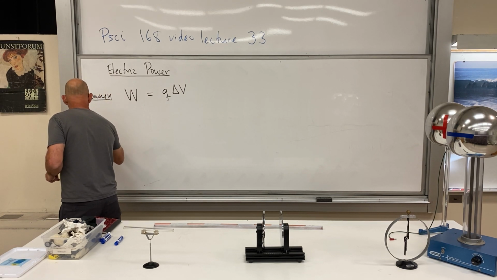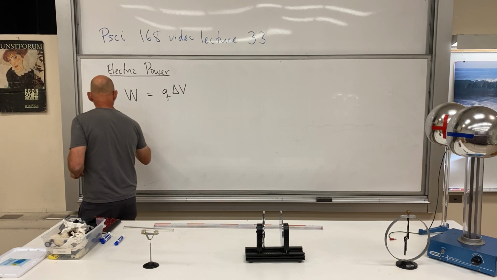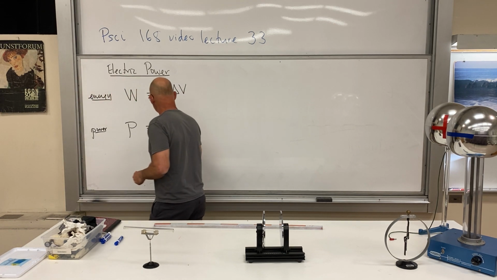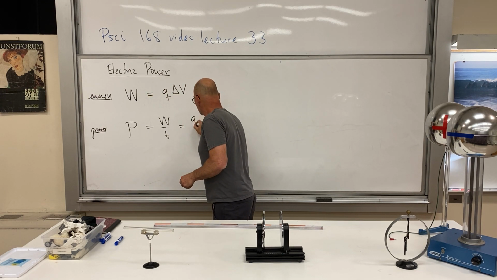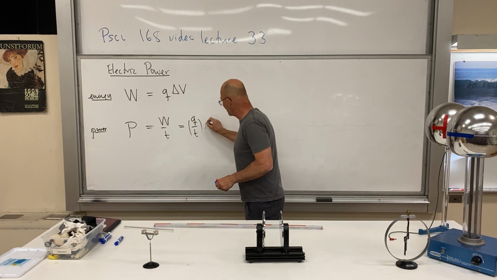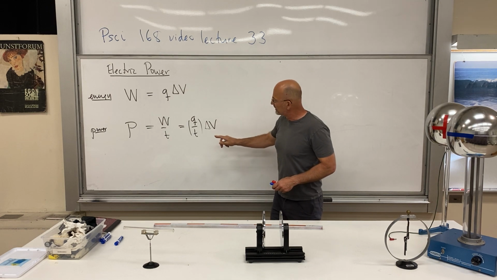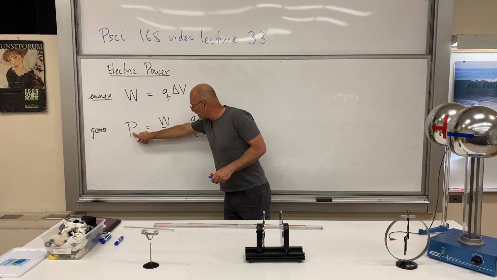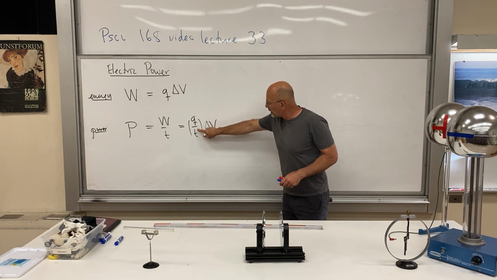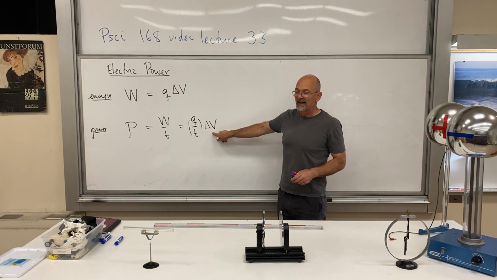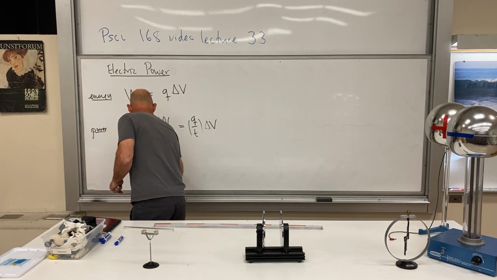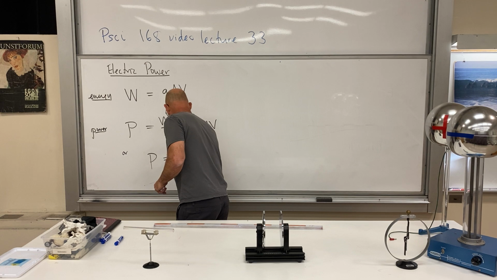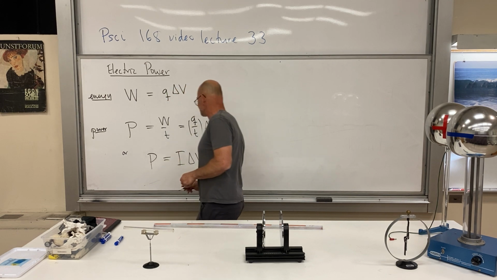And then power, we have P is equal to W over T, and we're going to put parentheses around the Q over T times delta V, because this is going to be very familiar. The power is equal to the current times delta V, or P equal to I times delta V.